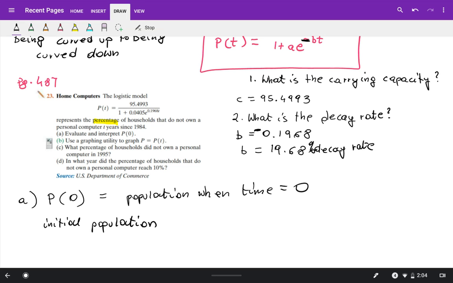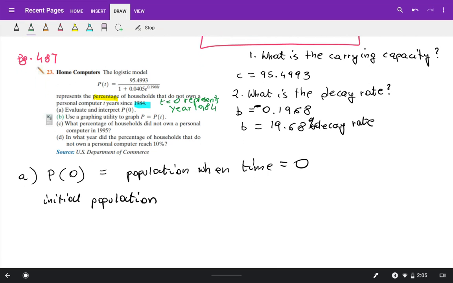We're going to figure out how many people did not have a computer in 1984, because they started the study in 1984. That means T equals 0 represents the year 1984, not year 0. That's when we start studying. So we need to find the initial population. Technically, how many people did not have personal computers in 1984? That's what they ask you.